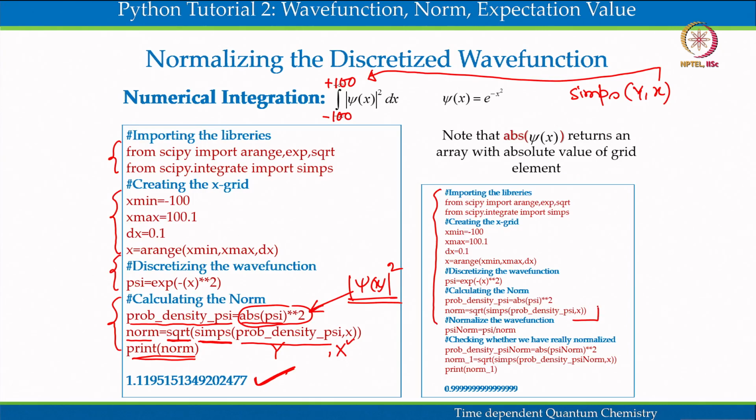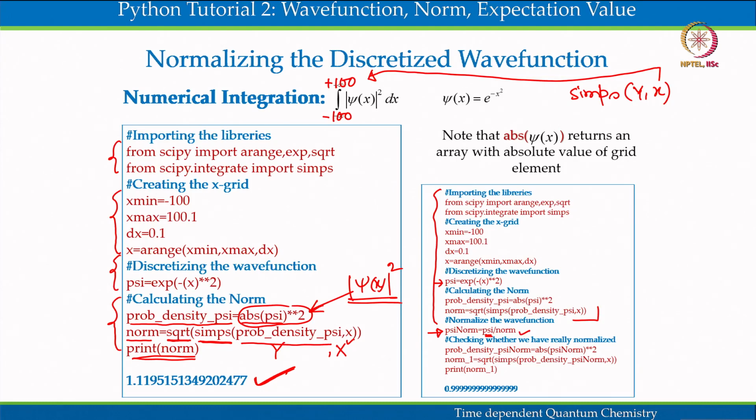Up to this far we have understood how to get the norm, and then we are giving a name PSI norm, which is the normalized wave function, which is nothing but the earlier wave function PSI. This is the earlier wave function which was not normalized.